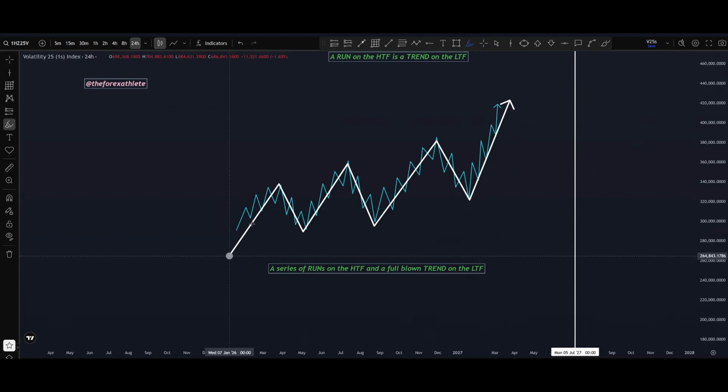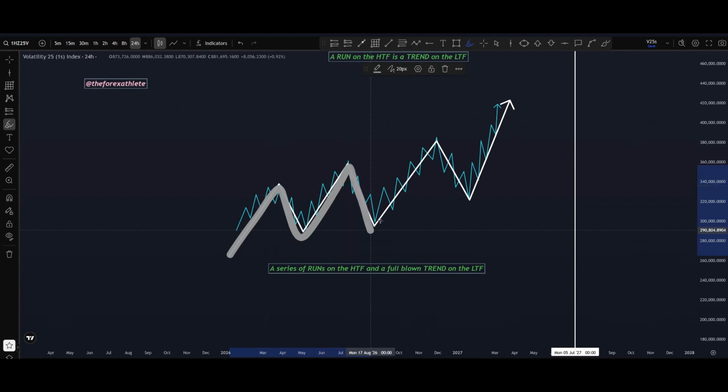Just look at this. We have a run, run, run, run, run, and run. But what do we have on the lower time frame? You can see the blue line that I denoted is a full-blown trend. The market is trending as well on the lower time frame.